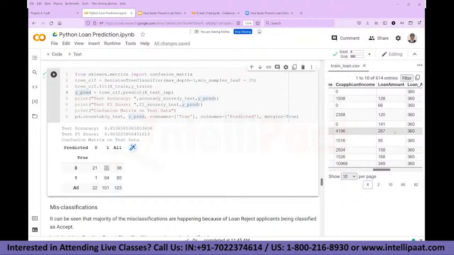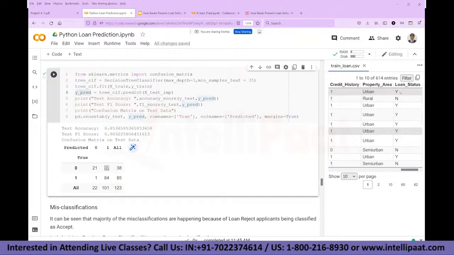My predicted value will be either Y or N, that means yes or no. You can check it against the actual value, and that is what we are doing here. So this is how you approach your loan prediction model.